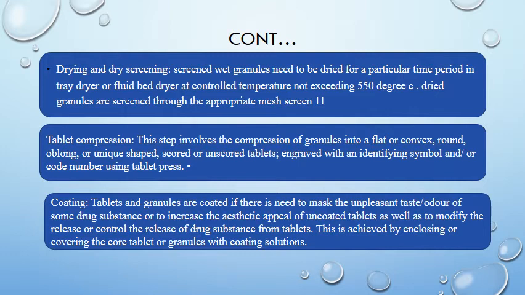So after the granules are formed, they have to be dried using different drying techniques, that is the tray dryer or the fluid bed dryer. The drying is necessary because while punching, the granules can stick to the walls of the punching machine. So to avoid all these shortcomings, the drying of granules should take place.